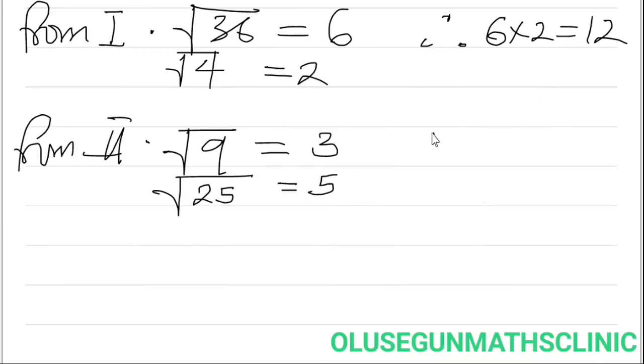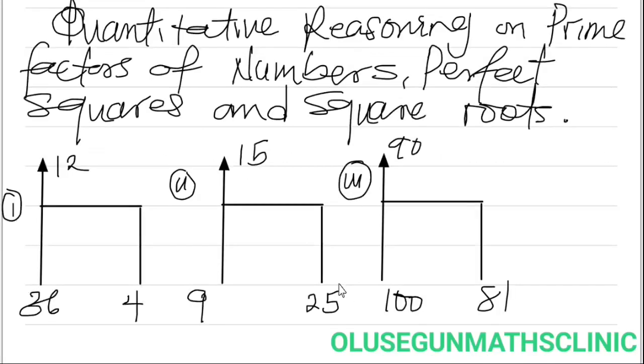Therefore, 3 times 5 gives us 15. Let's reason it better. You see the shape now. The square root of 9 is 3 and the square root of 25 is 5. So 3 times 5 gives us 15. We are just trying to bring out the applications. We want you to reason how we apply the square root in quantitative reasoning and on prime factors.